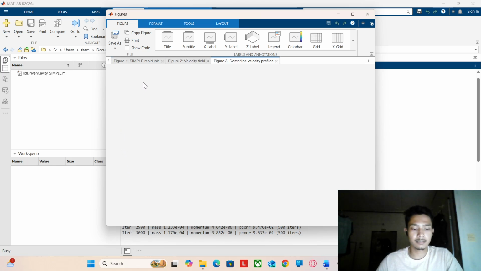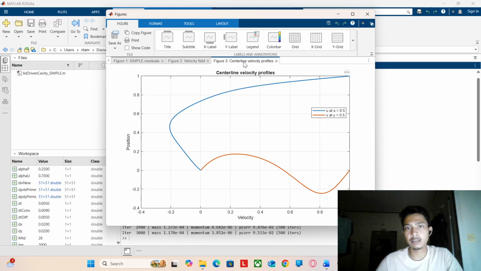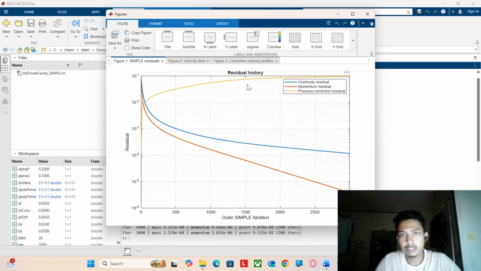Now we'll get the SIMPLE residual graphs, velocity field contour, and then centerline velocity profiles. Now we'll discuss the results. The first figure shows residual history. The blue curve represents continuity residual. It decreases steadily, showing that mass conservation improves during iteration.